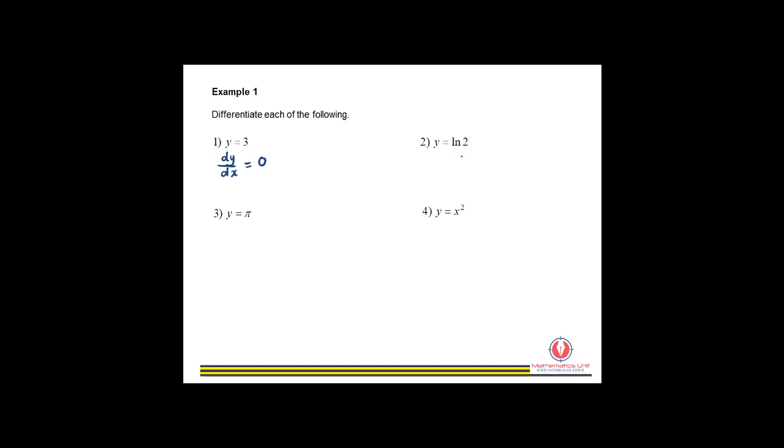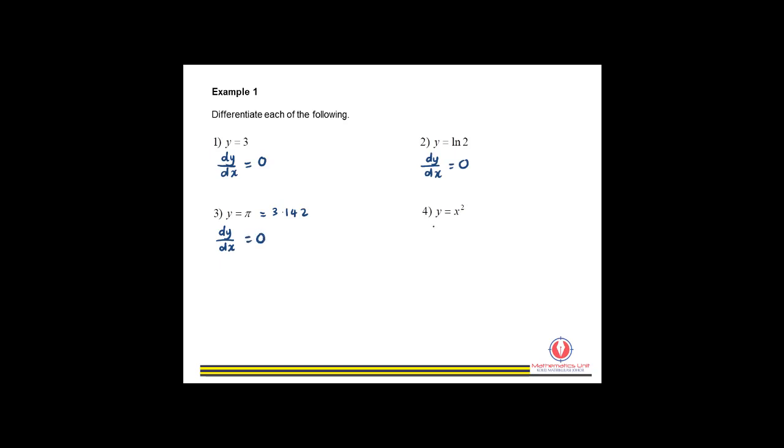Ln 2 is also a constant. Then dy over dx equal to 0. The third one, y equal to pi. So we know that pi equal to 3.142. So this is also a constant. So differentiate a constant, dy over dx is equal to 0.